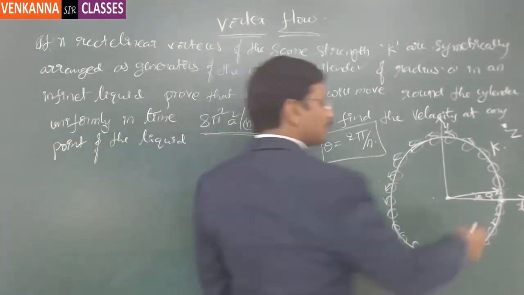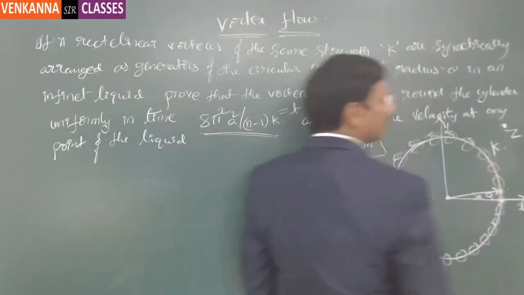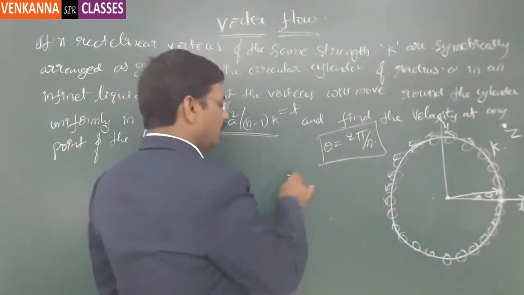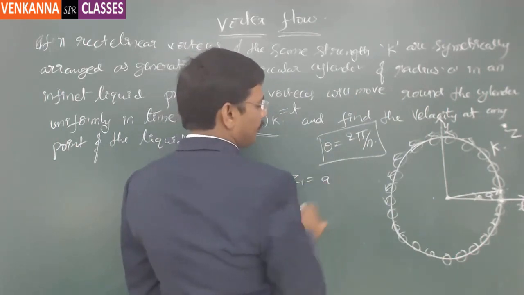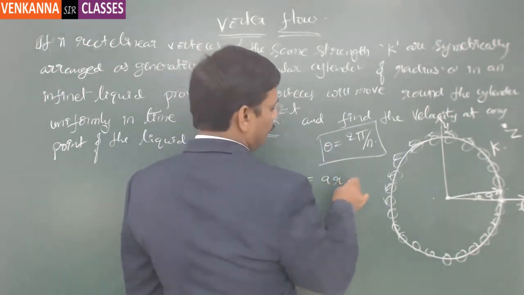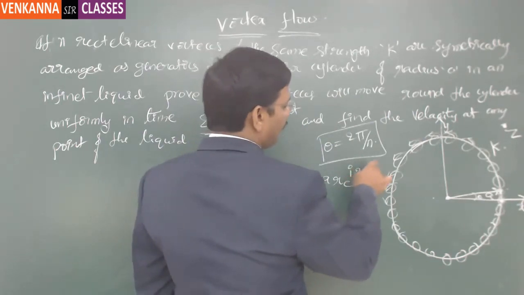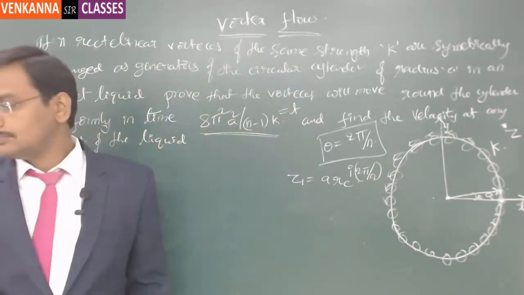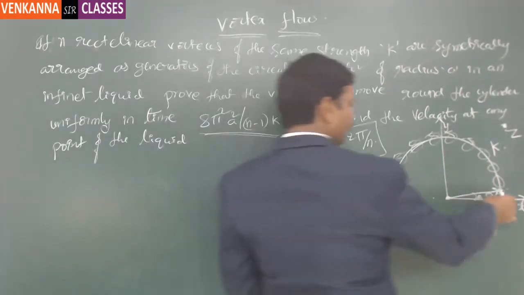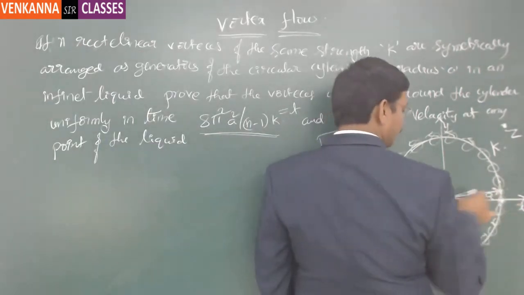Then the complex number representing the first vertex, Z1, you can treat as A times R e power I 2 pi by n. Got it? So this is the location of this particular point. Now what is the location of the second point?